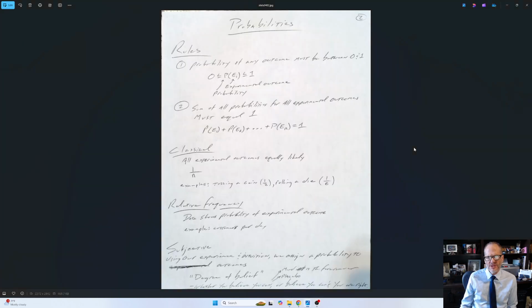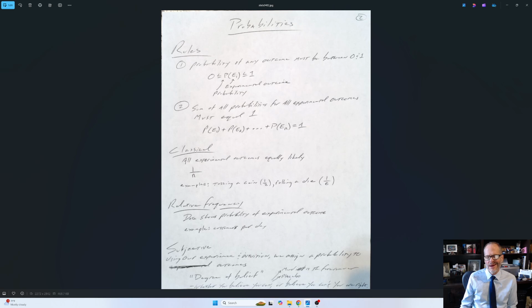Okay, so just to go over a couple of the rules that were covered in the textbook on probabilities. The textbook says that any experimental outcome, so remember you have an experiment, and it has an outcome and a sample space. A sample space is all of the possible outcomes of some experiment.